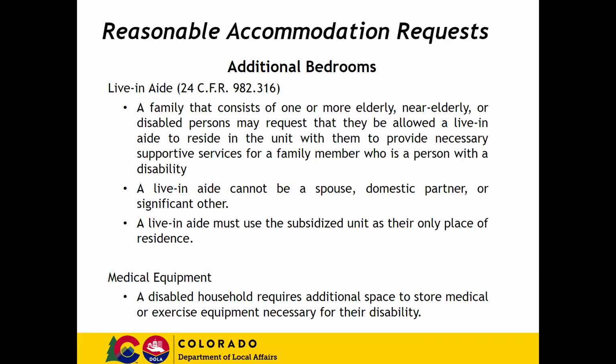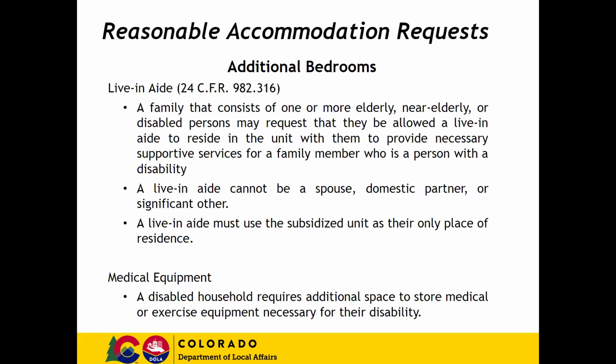It does go on to say in the regulation that a live-in aide cannot be a spouse, domestic partner, or significant other. And I do believe it says something like they cannot be in the unit except that they're there to provide this live-in aide support to our households. So a parent of a child with a disability cannot be considered their live-in aide because they are the parent, right?